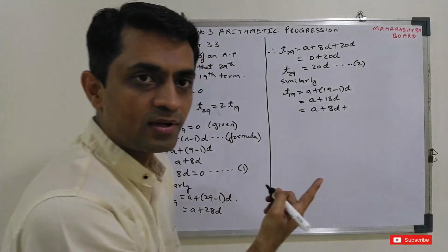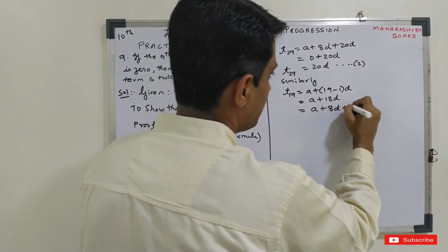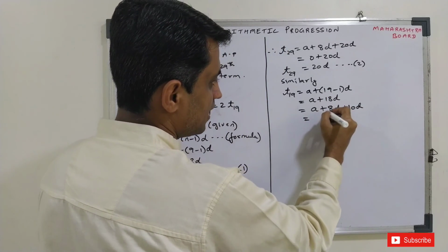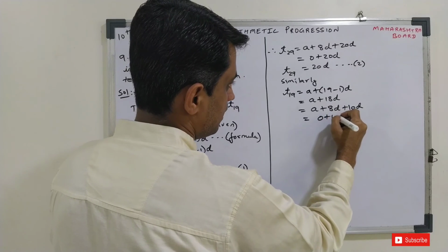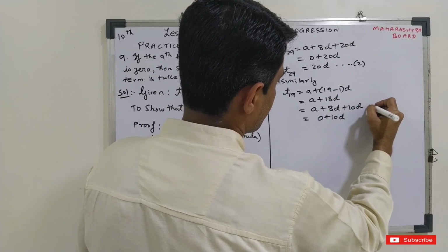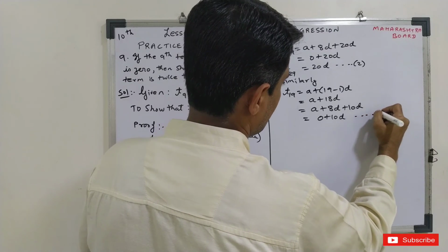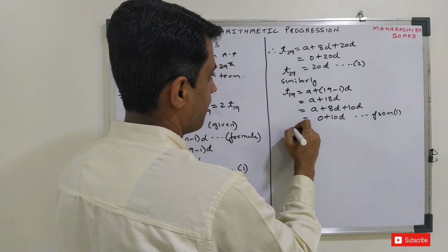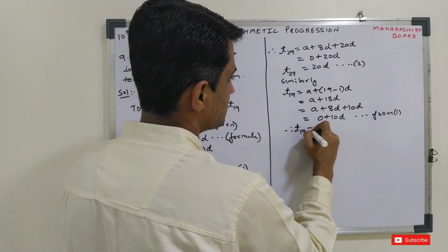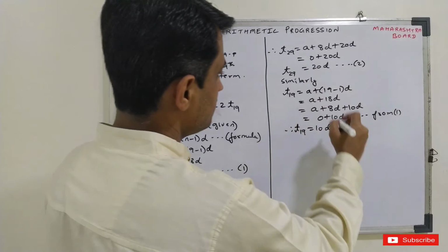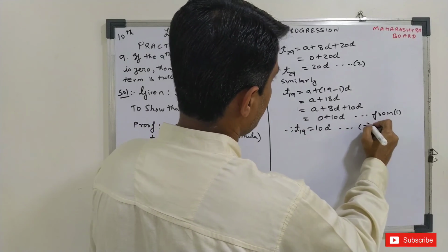How much is left to get 18? 10. So we write 10D. So 8 plus 10D is 18. So this will give you what? 0 plus 10D. 0 we got from 1. So therefore T19 is how much? 10D. Now students, this we note it down as 3.